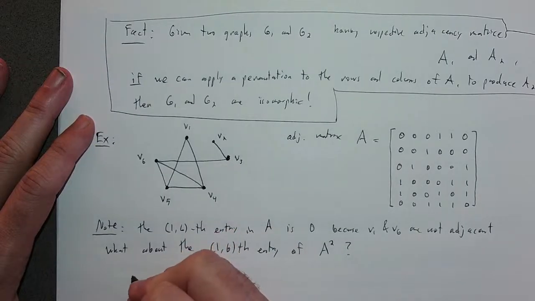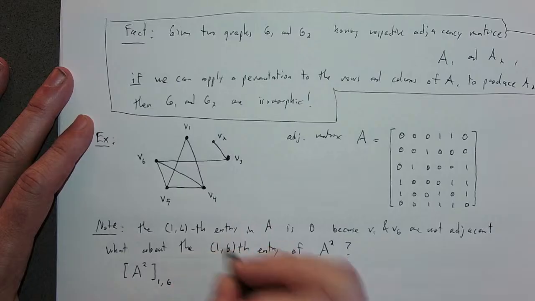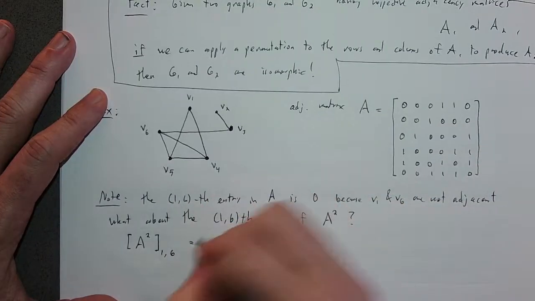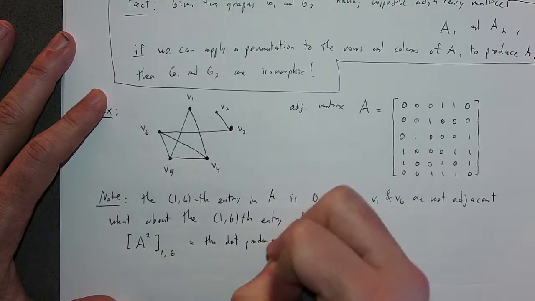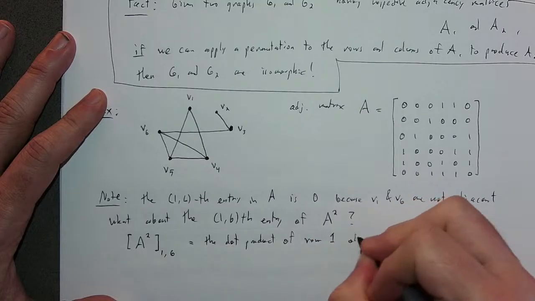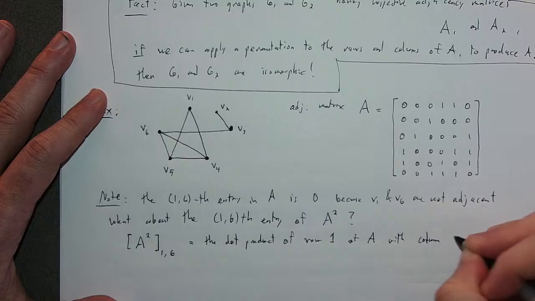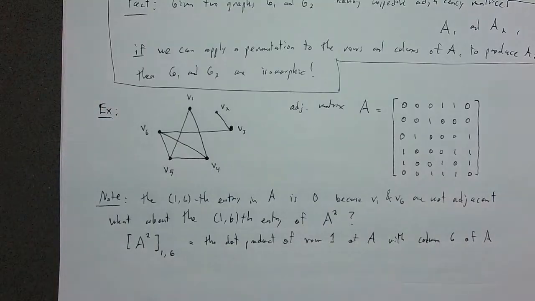So the 1/6 entry, maybe I should use the notation we've been using. What is the 1/6 entry of the matrix A squared? This is the dot product of row 1 of A with column 6 of A, right?